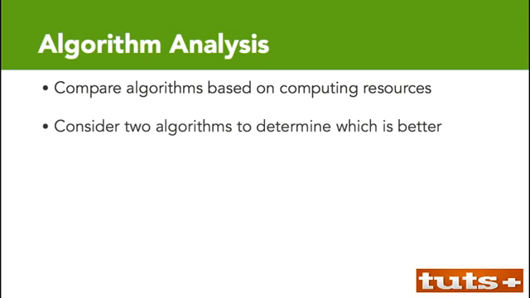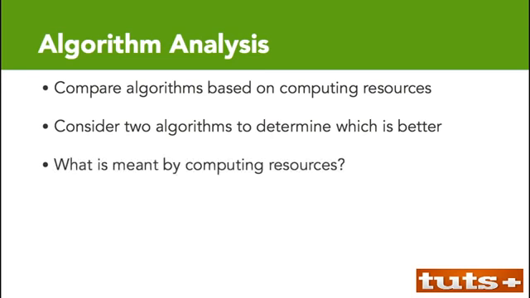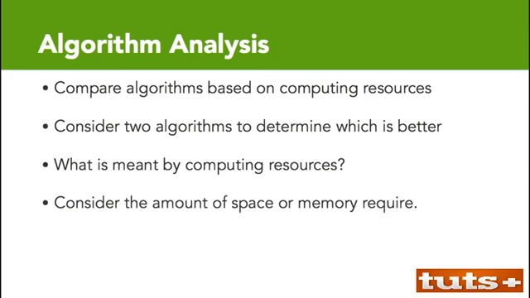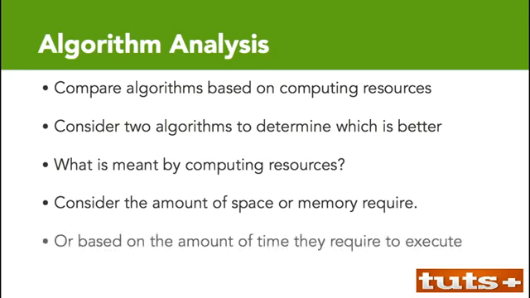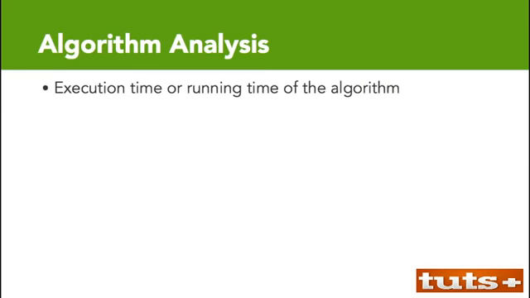We want to be able to consider two algorithms and say that one is better than the other because it is more efficient in its use of those resources, or perhaps because it simply uses fewer resources.